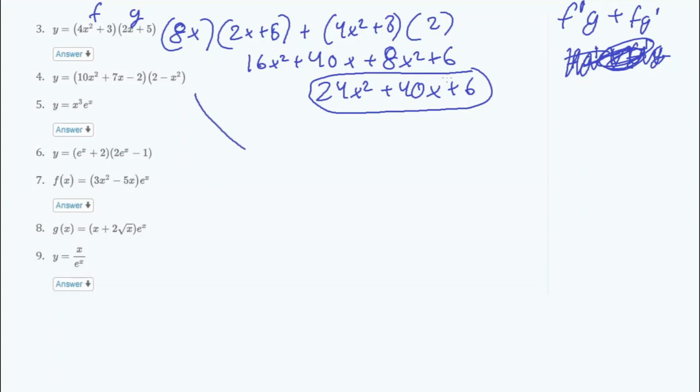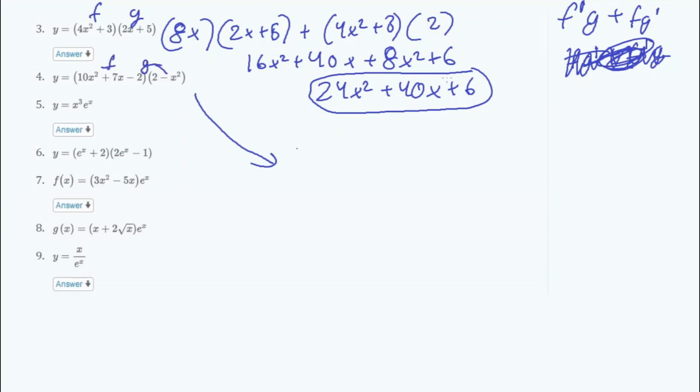And now let's take a look at number 4. So number 4 is going to be a case of two polynomials, but this has two things instead of three. So this is f and this is g.